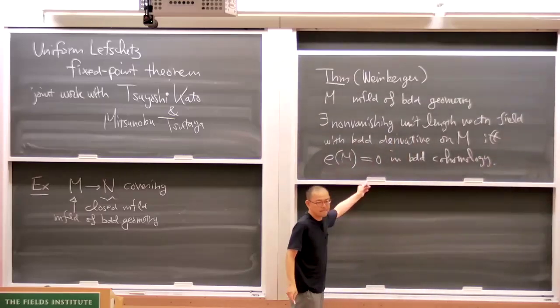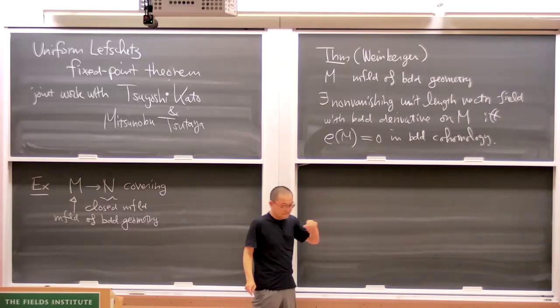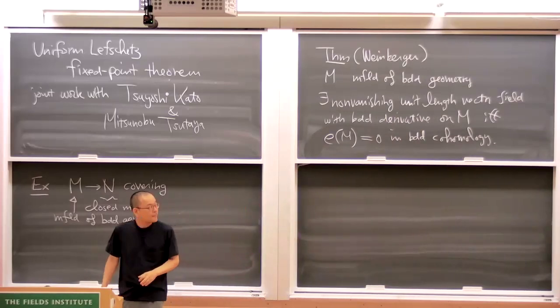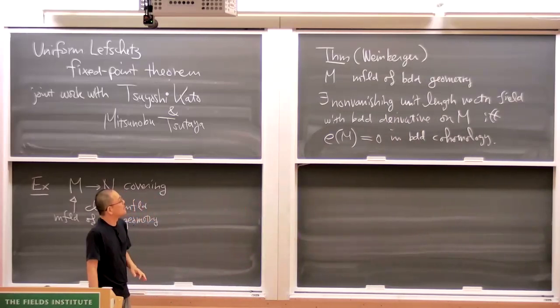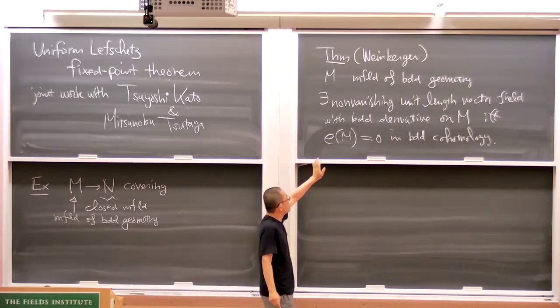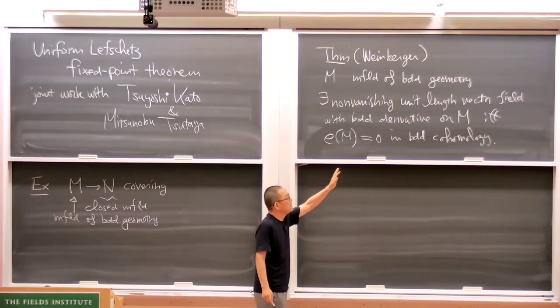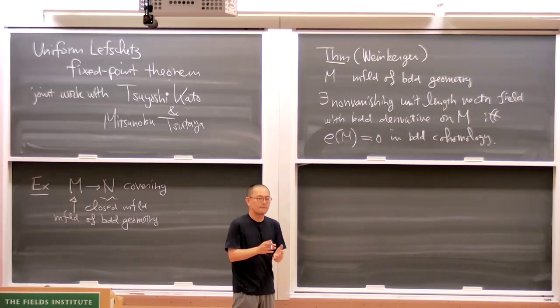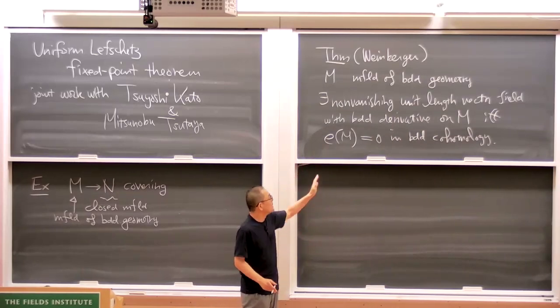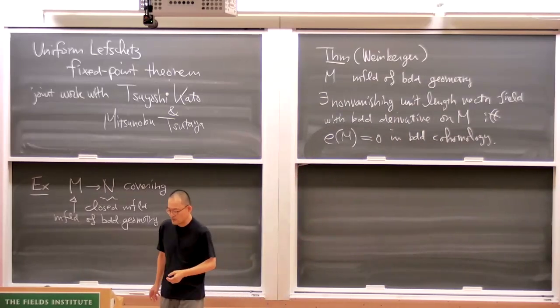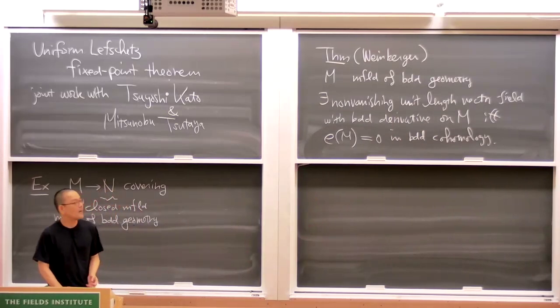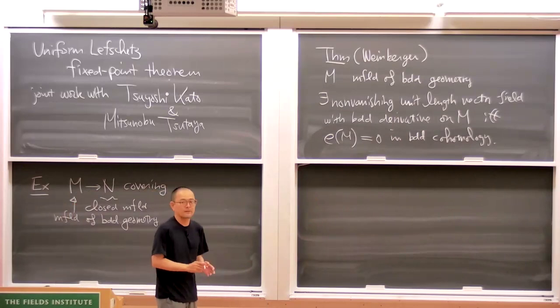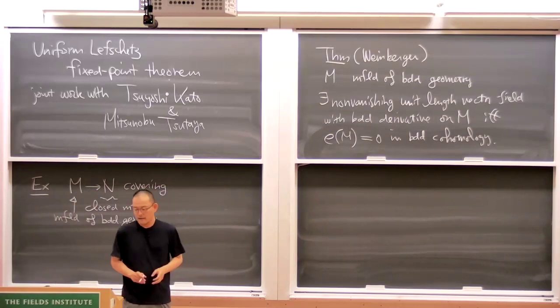Of course, we have to assume that the length of the vector field is bounded, and also its derivative is bounded, because every connected non-compact manifold has a non-vanishing vector field.